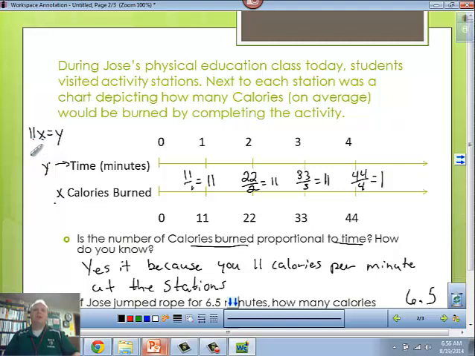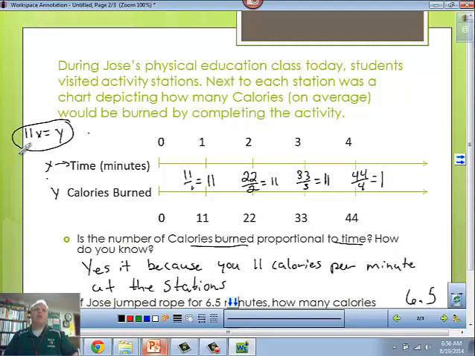No, this needs to go the other way, my fault. So this is x, and this is y. However many minutes, I'm going to multiply by 11, and that's going to be my calories burned for this activity that we're doing in PE class.